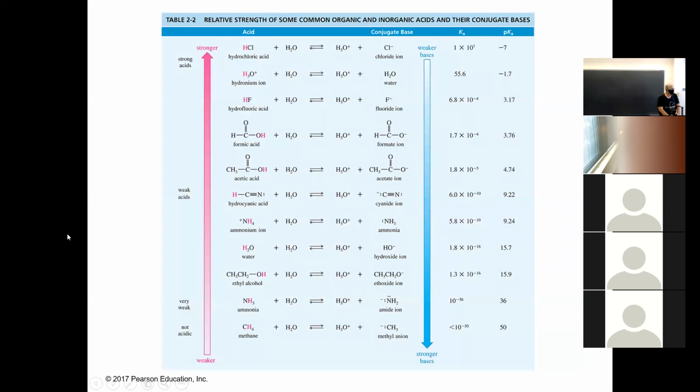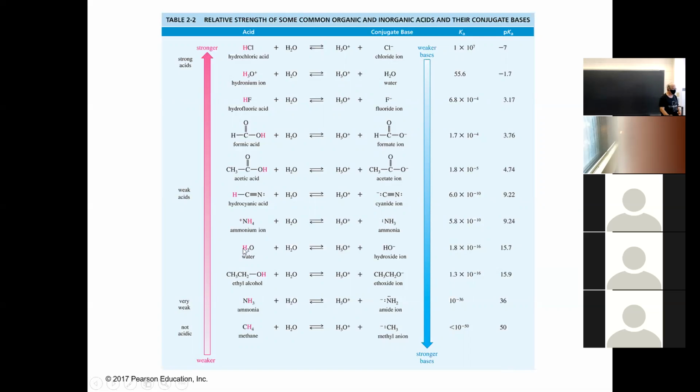The strongest base that can exist is the conjugate base of the solvent. Anything stronger than hydroxide would immediately grab a proton from water and become hydroxide. Here is hydroxide.